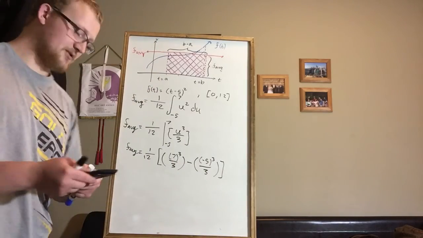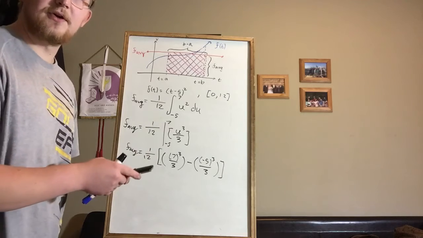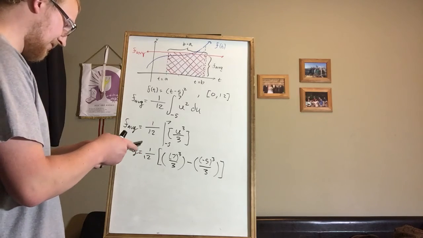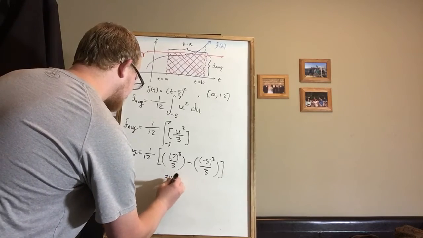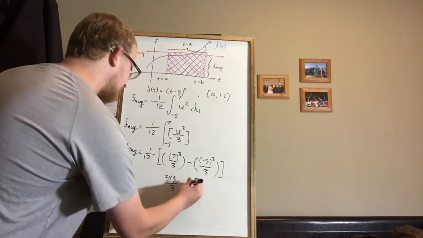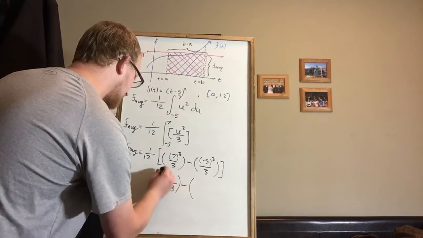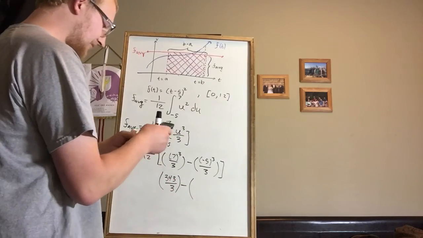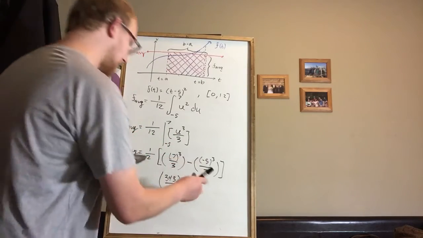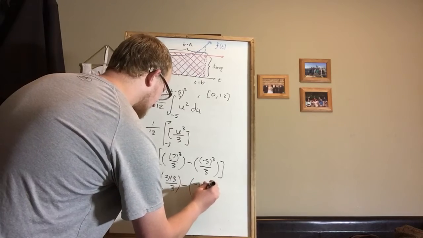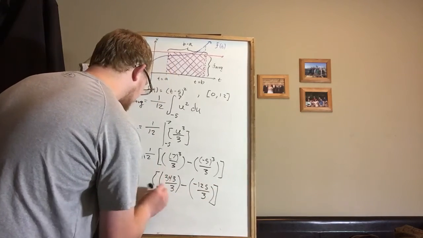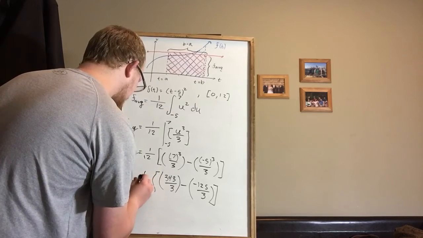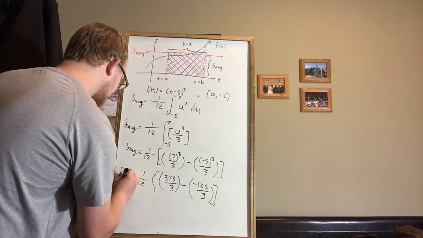So now we just need to work through it. So we've got 7 cubed, which is 343, still over 3, and we're subtracting negative 5 cubed, which is negative 125, still over 3. And we're multiplying everything by 1 over 12 to find f average.